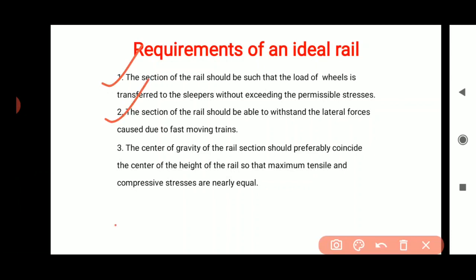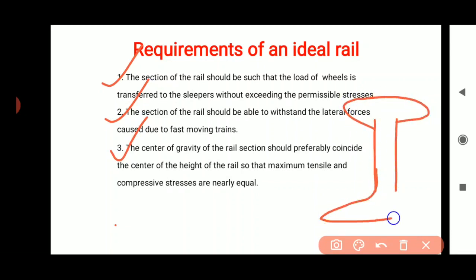Then the next point is that the center of gravity of the rail section should preferably coincide with the center of the height of the rail, so that the maximum tensile and compressive stresses are nearly equal. This is a rail section and this is the height of the rail.